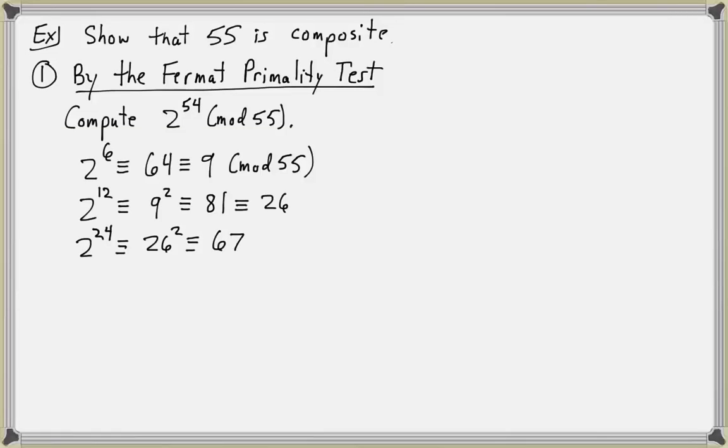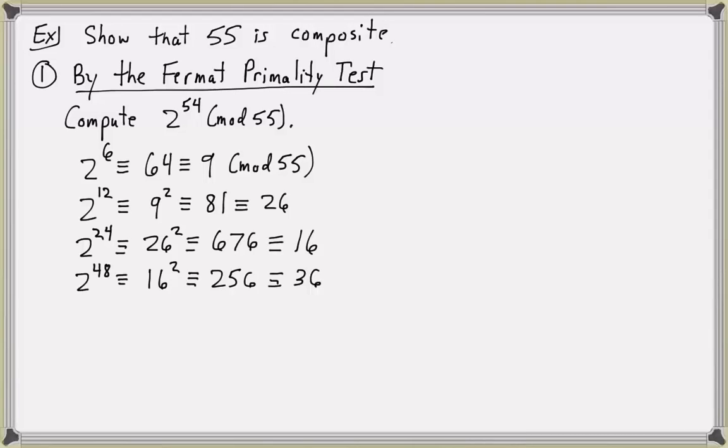This is 676. And when I reduce mod 55, I get 16. 2 to the power 48 is 16 squared, which equals 256. And when I reduce mod 55, I get 36.